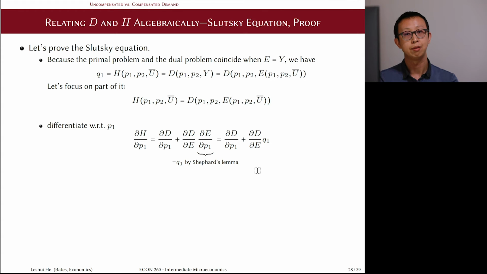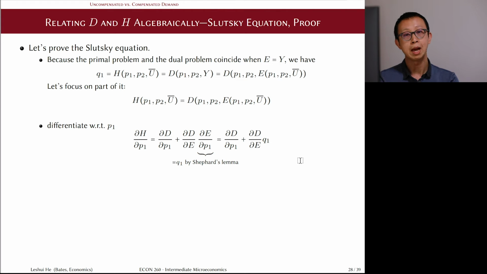Now we have a lot of derivatives, and Shephard's lemma has a lot of elasticities. So we will try to rewrite these derivatives into the form of elasticities. And notice that, again, because Hicksian demand and Marshallian demand take the same value at the starting point of E1 in the graph, they are both Q1.